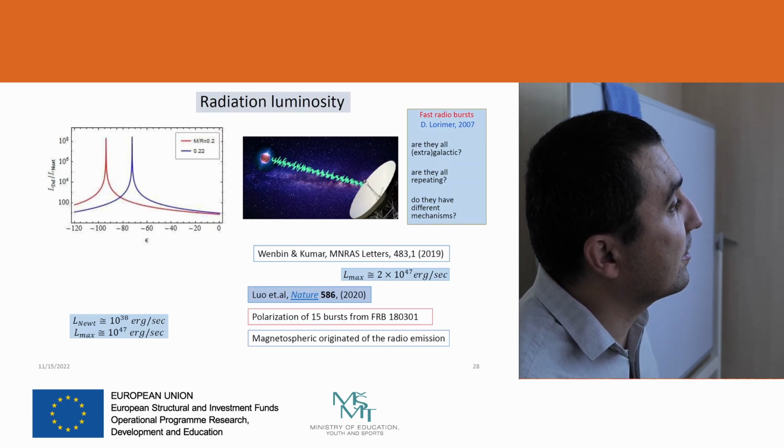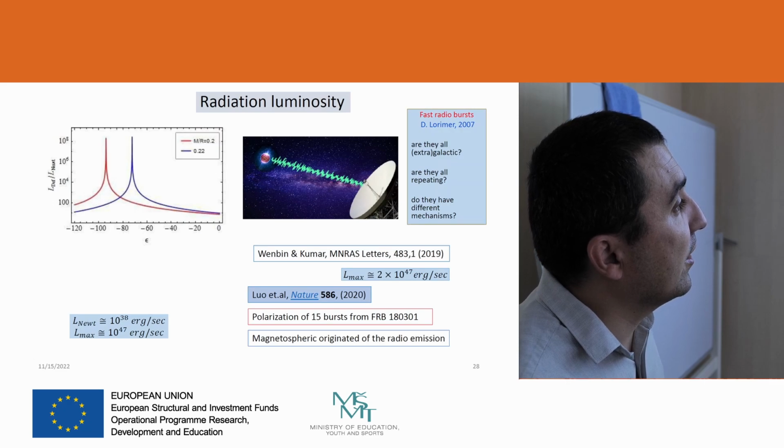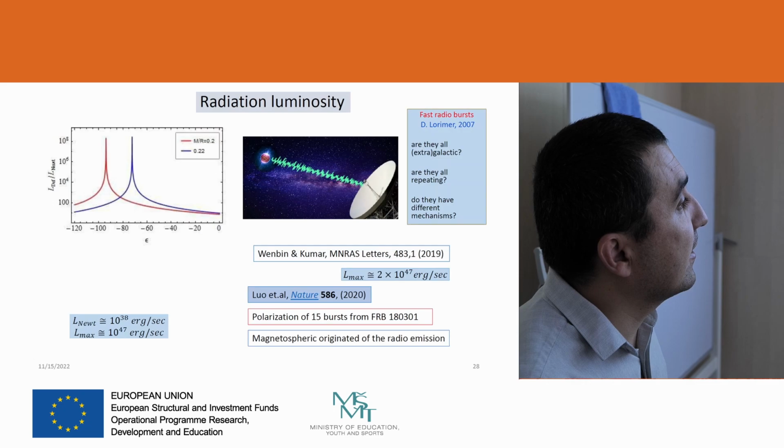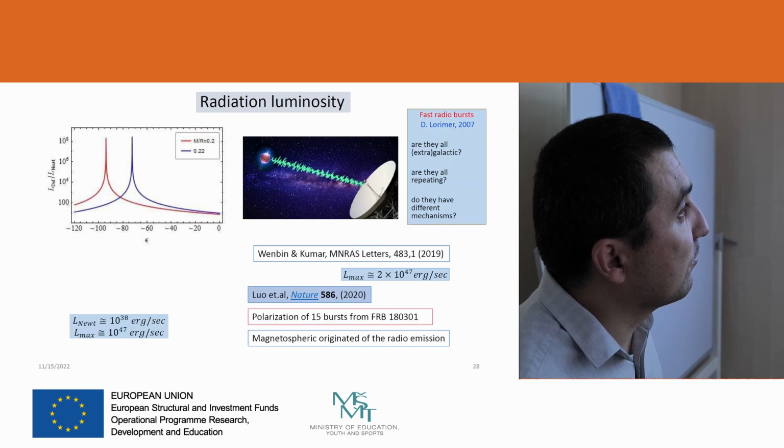We showed that it is 10 to the power 38 ergs per second, and then in the presence of this critical value of the deviation parameter, it increases up to 10 to the power 47 erg per second.